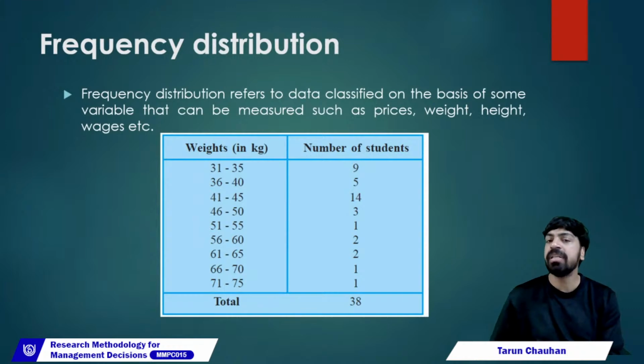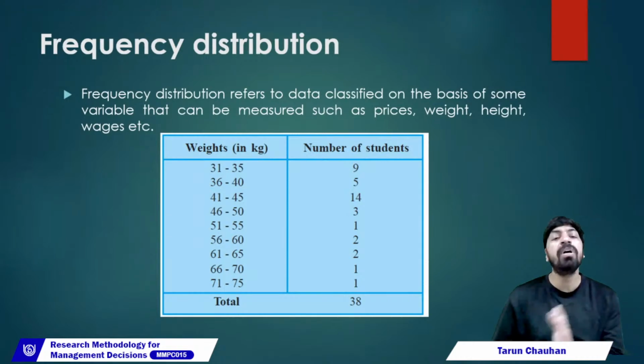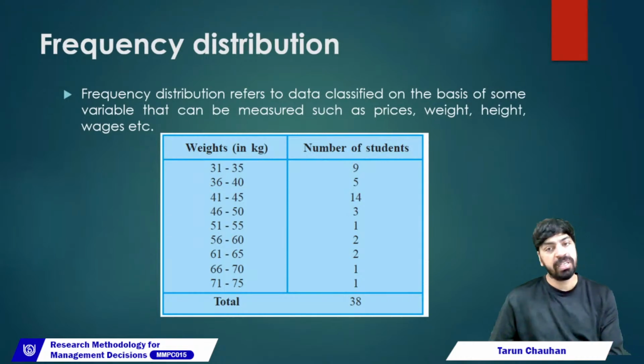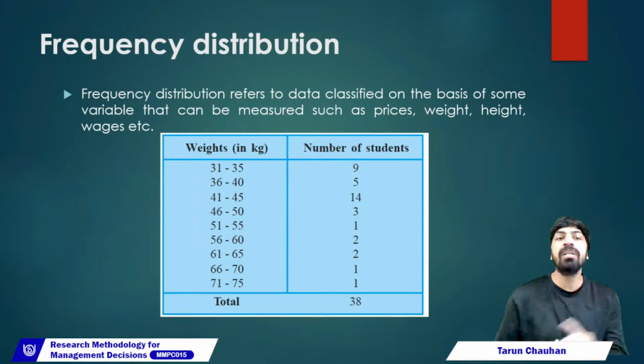When the number of students is 9, it means 9 students come under the weight group of 31 to 35. If we talk about 14 students, they come under the weight group of 41 to 45. So this is called a continuous frequency distribution.